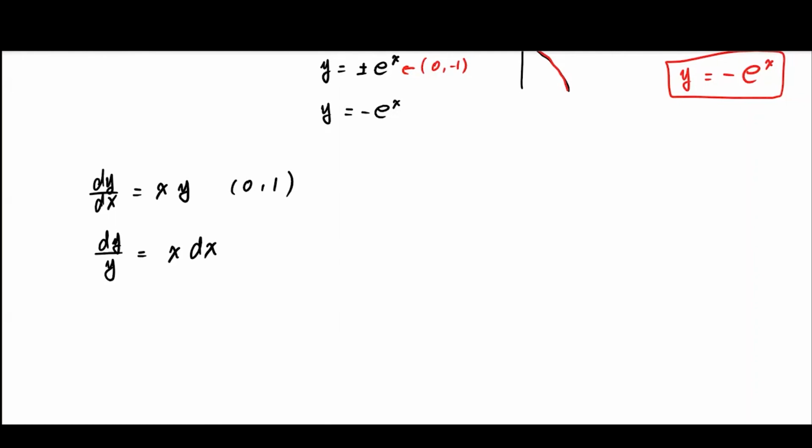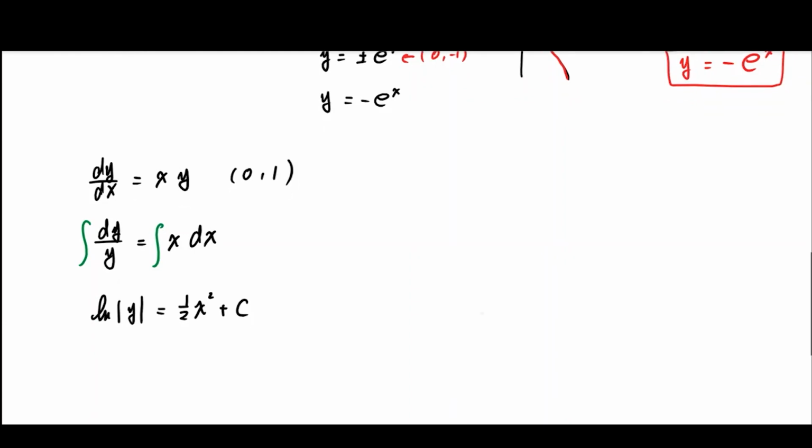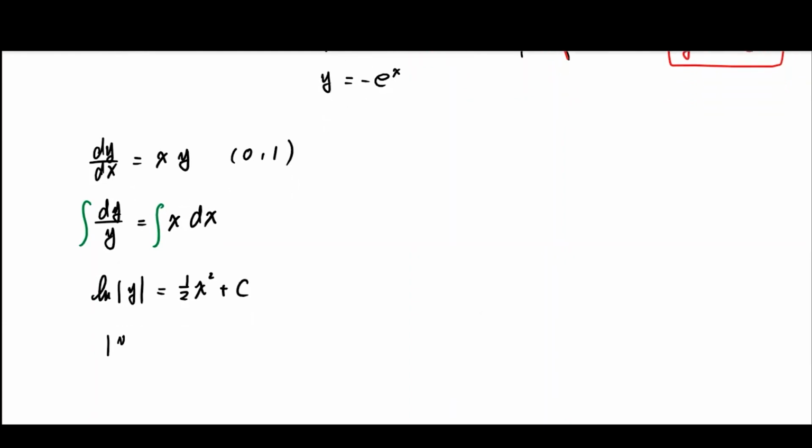You see, it's not that intimidating, and once again, you don't have to put this symbol. I'm just putting it so that you know what's going on. So on the left-hand side, I have ln absolute value of y again, and on the right-hand side, we are going to have x squared, therefore 1/2, plus c. Still with me? That means absolute value of y is equal to e to the 1/2 x squared plus c.